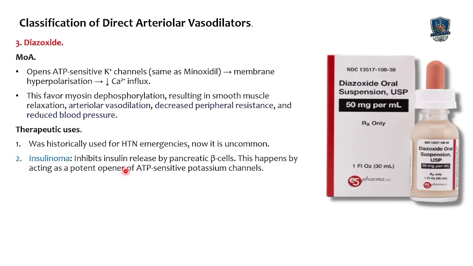Potassium will leave the beta cells, and the beta cells will become hyperpolarized, which means the calcium channels will be closed. When the calcium channels are closed, there will be decreased calcium in the beta cells. Decreased calcium will decrease exocytosis and decrease insulin production. So in short, diazoxide inhibits insulin production.